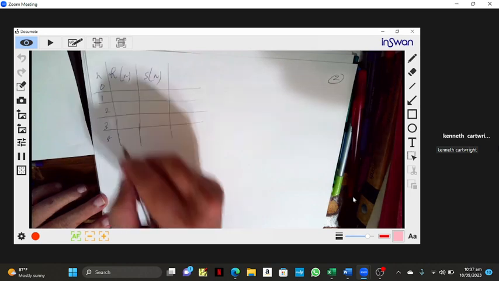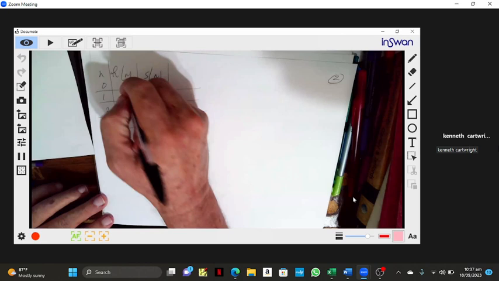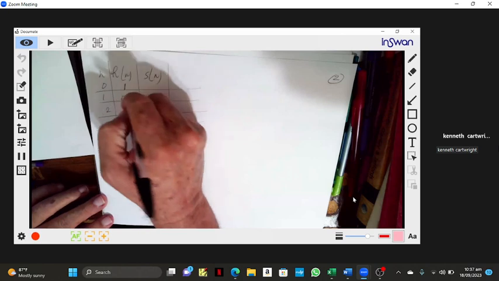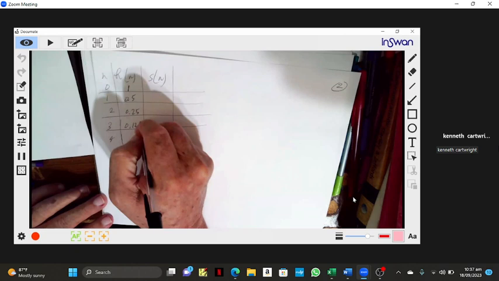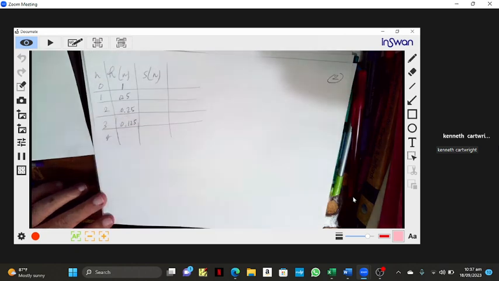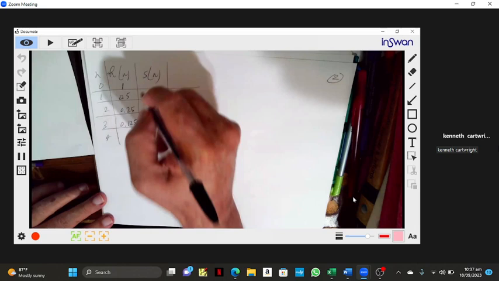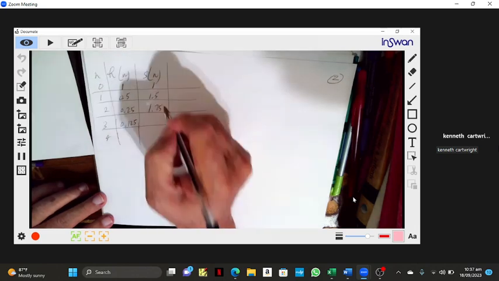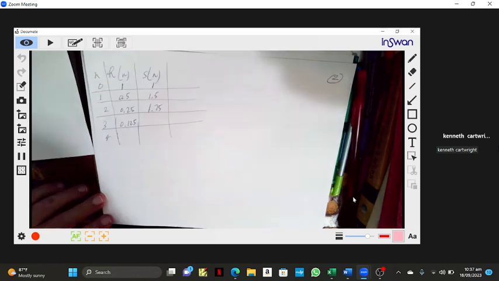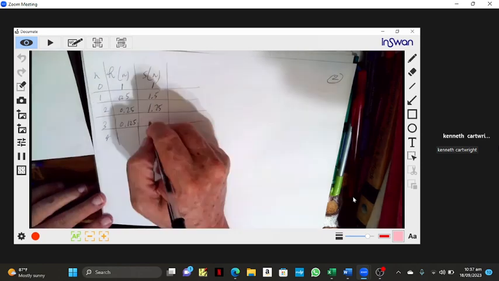This is 0.5. This is 0.25. This is 1.5. This is 1.75. And this is 1.875. Right. So this is impulse response.